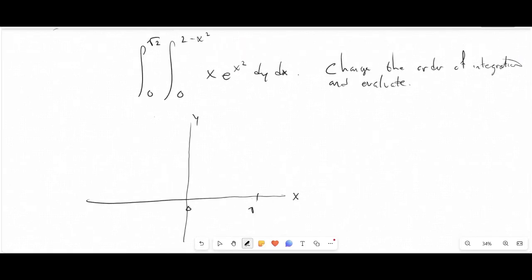Here's 0. Here's the square root of 2. And for every single point between 0 and the square root of 2, y goes from 0, here's 0 down here, all the way up to 2 minus x squared. It looks something like that.